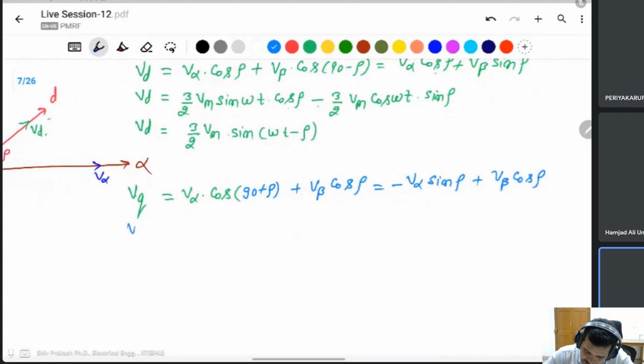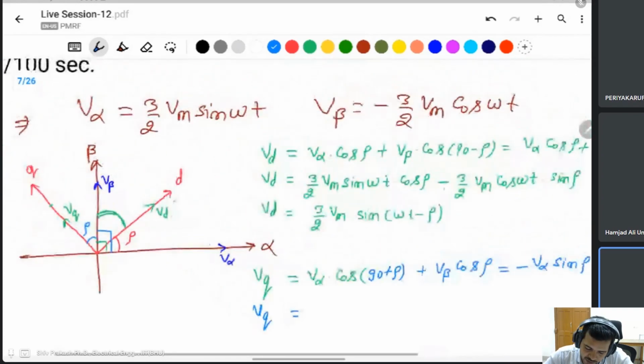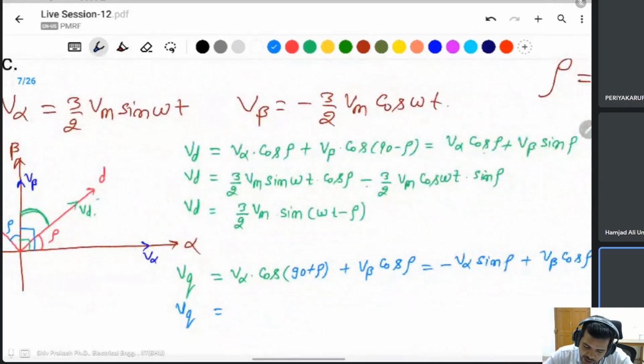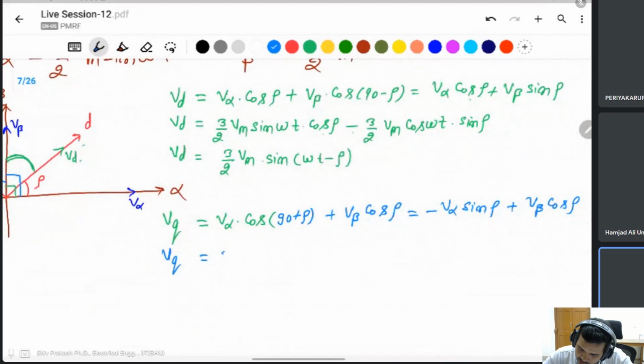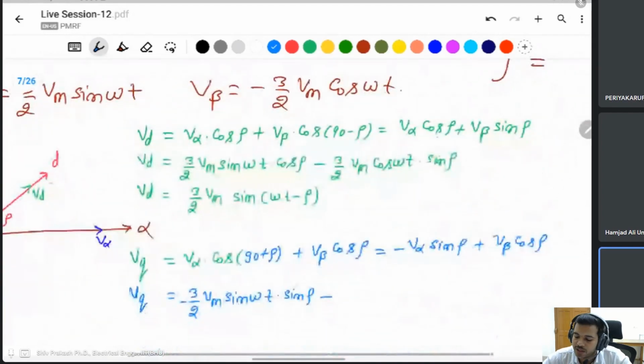Then what is the Vq? Minus V alpha, where V alpha is 3 by 2 Vm sin omega t, so minus 3 by 2 Vm sin omega t into sin rho, plus V beta cos rho.